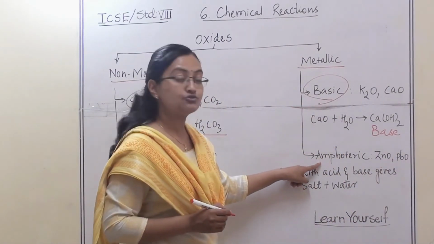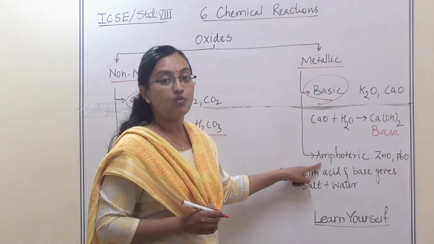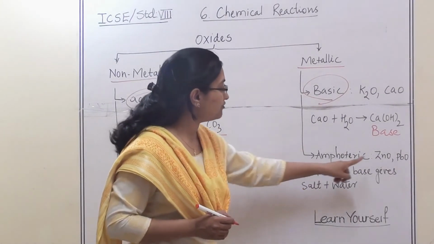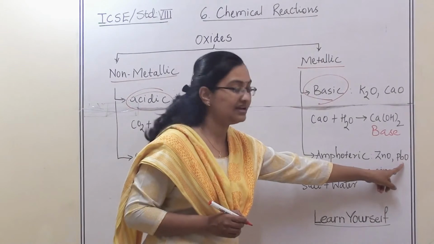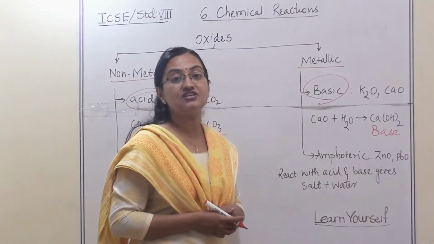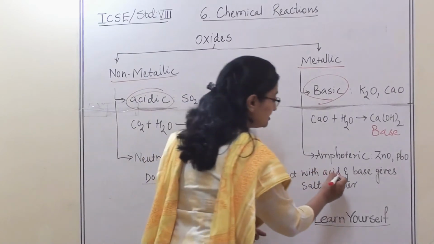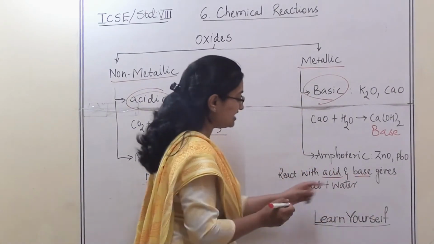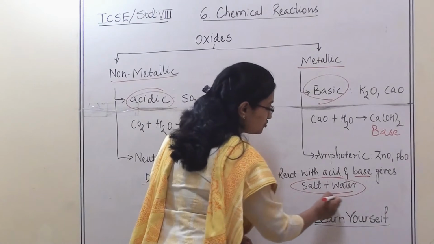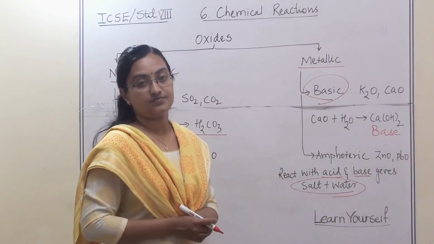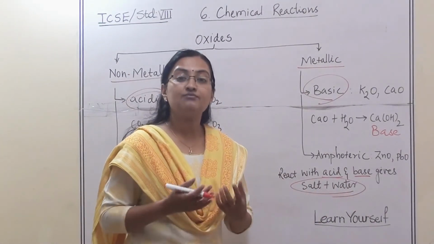They can also be amphoteric. Now what is the meaning of amphoteric? For example, zinc oxide and lead oxide, their nature is amphoteric. Amphoteric means when they react with acid and base, they give us salt plus water. So what is the meaning of amphoteric oxides?